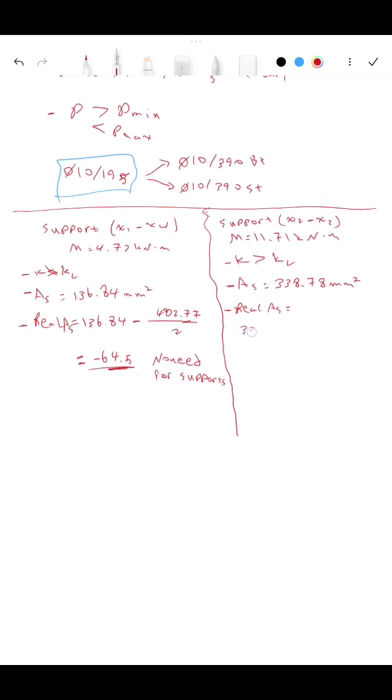So it means 338.78 minus half of 402.77, and half of it again.